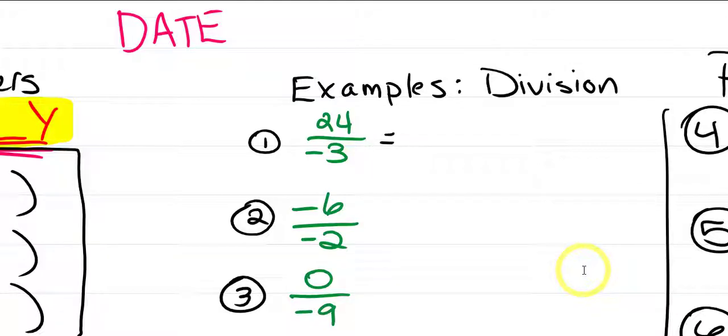It would have probably shown 24 being divided by -3. But we use fractions to indicate division now. So instead of writing it like this, you're going to more often see it written as a fraction, but that's what we're doing. We're taking positive 24, dividing it by a -3.